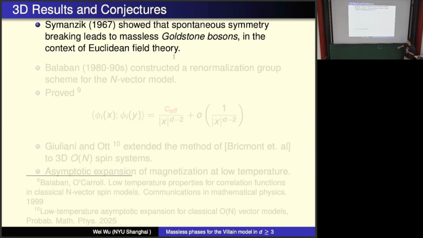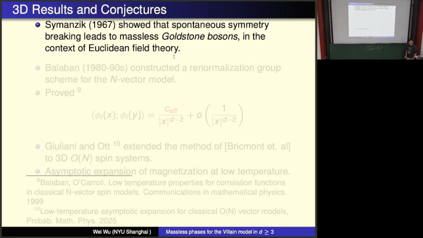And moreover, if you look at the truncated function of the type phi squared x, phi squared y, if you believe there's a Gaussian fluctuation, this should behave like phi x phi y squared, which actually gives you 1 over |x minus y| to the power 2(d minus 2).